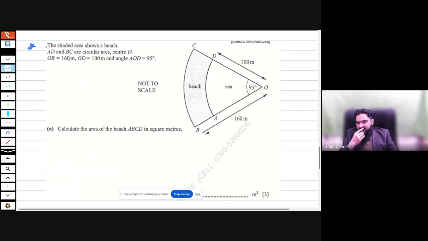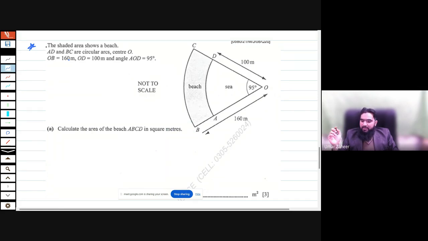AB, AD, and BC are circular arcs. OB is equal to 160 meters, and we have OD is 100 meters. Obviously, OA is 100 meters as well, and the angle is 95. He says that you have to calculate the area of the beach ABCD in square meters.